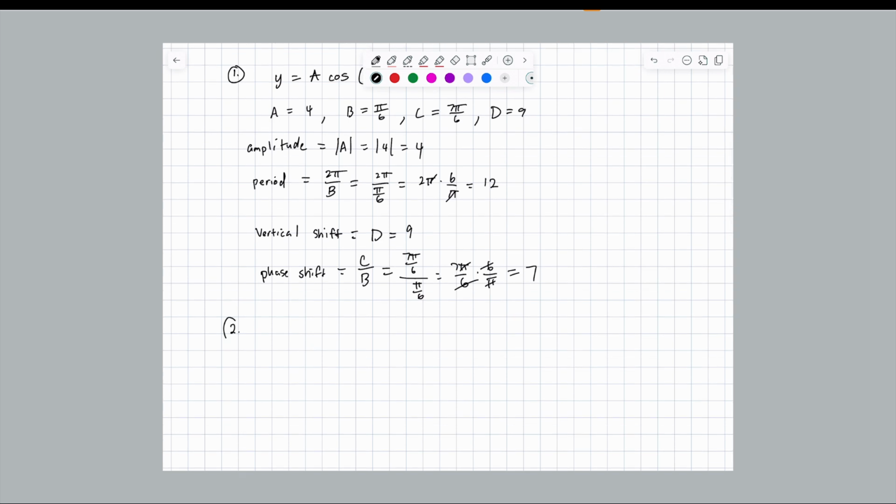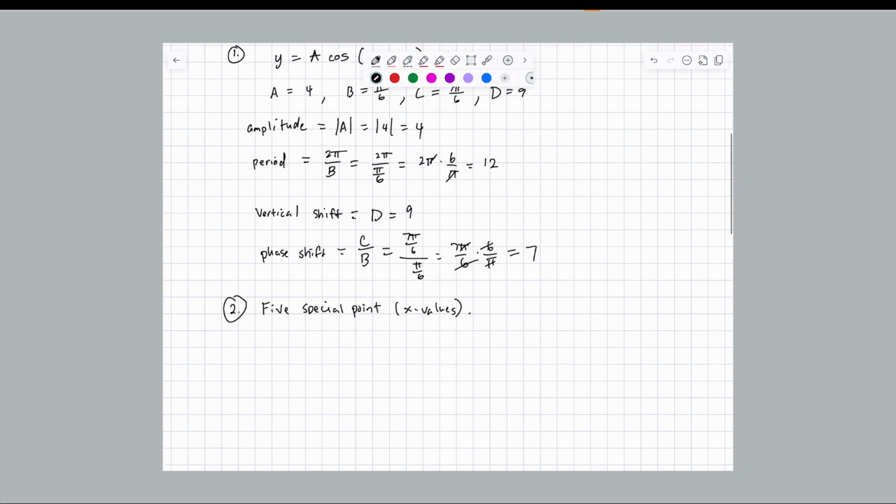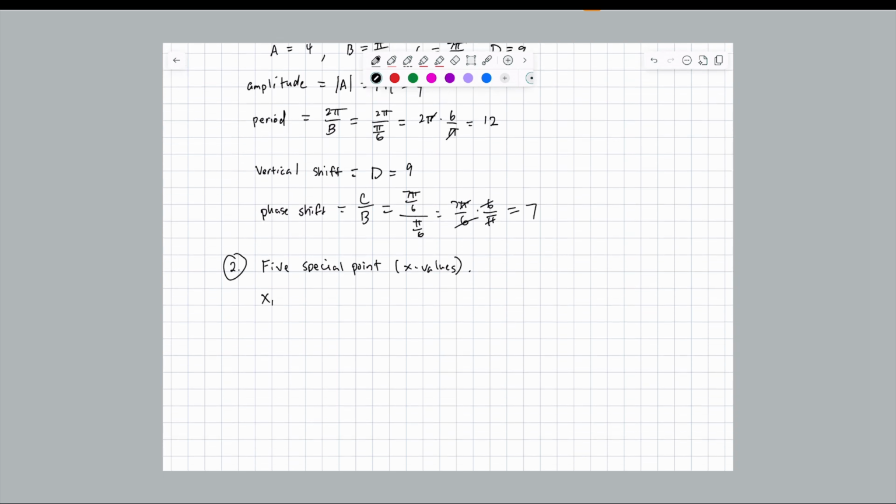All right, step 2 is we find the 5 special points, or the x values of those special points, because we still need to find the y values. So the first one is going to be just taking our phase shift as the starting point.